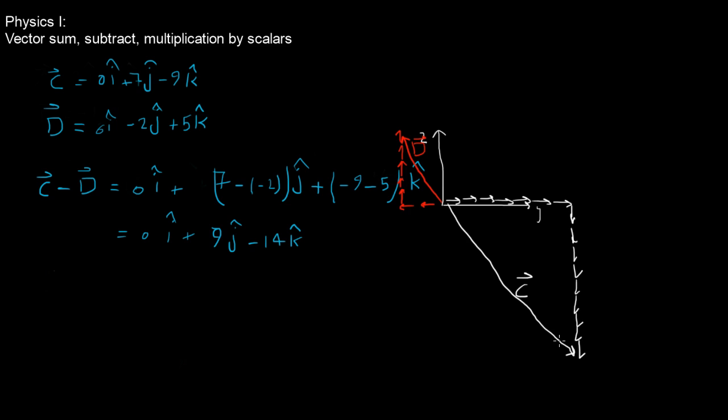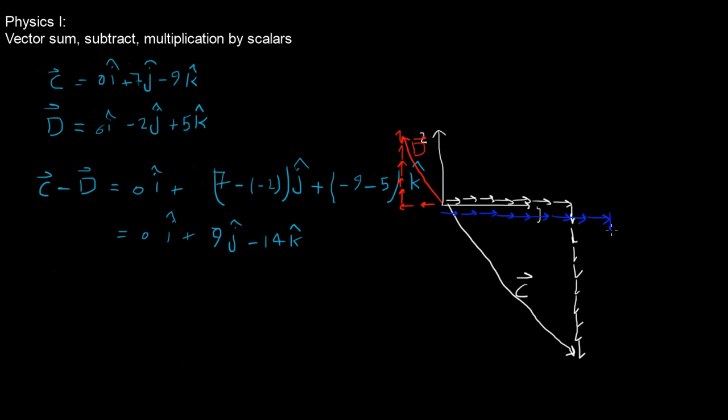So now C minus D, it is 9j hat. So 1, 2, 3, 4, 5, 6, 7, 8, 9, and minus 14k hat.